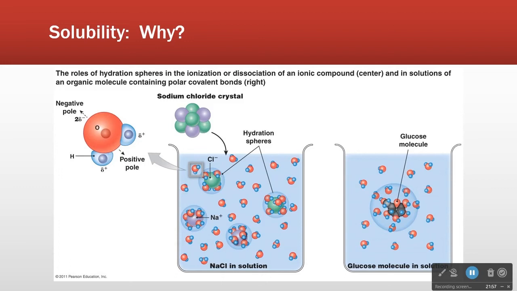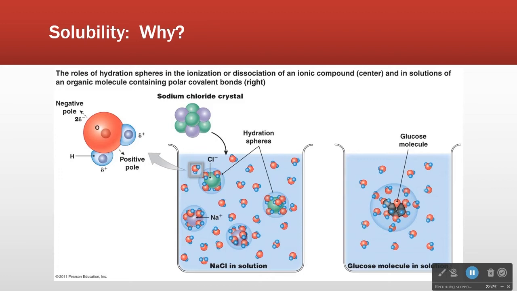Well, you can see that our chloride ion is going to have a shell of negativity, right? Well, that shell of negativity is going to attract the positive end of our water molecules. So what we'll end up with surrounding this chloride is what's called a hydration sphere, where we get a bunch of water molecules stuck all over that chloride.